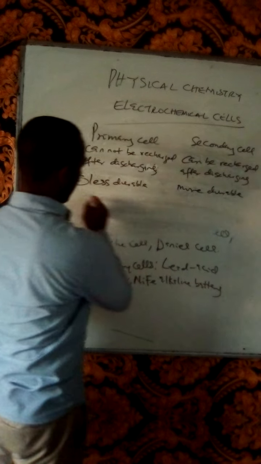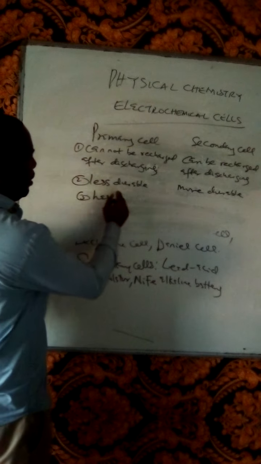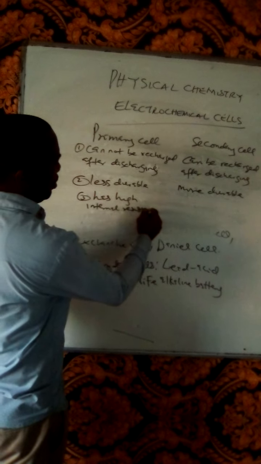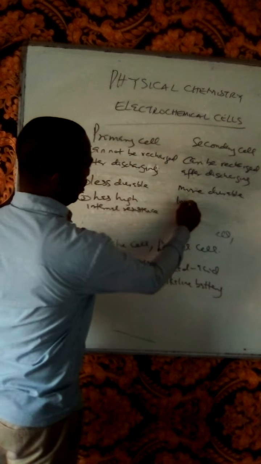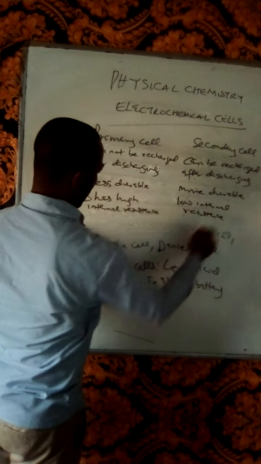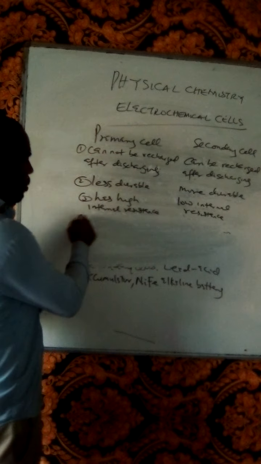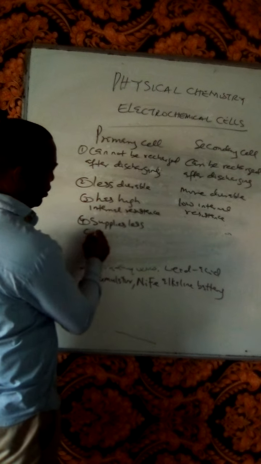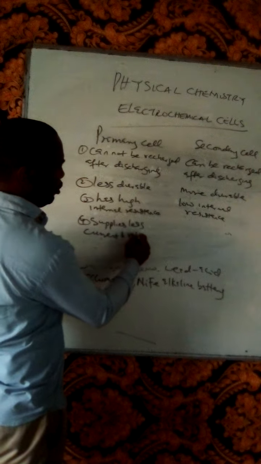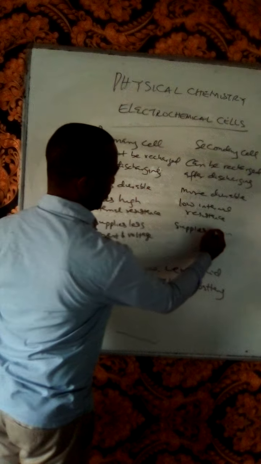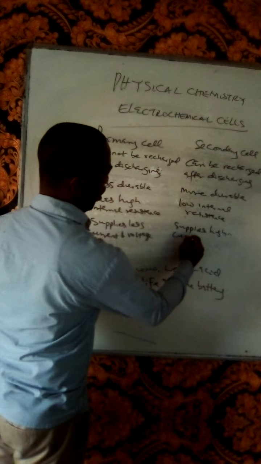Number three, the primary cell has high internal resistance. The secondary cell has low internal resistance. Another difference is that the primary cell supplies less current and voltage, while the secondary cell supplies higher current or voltage.